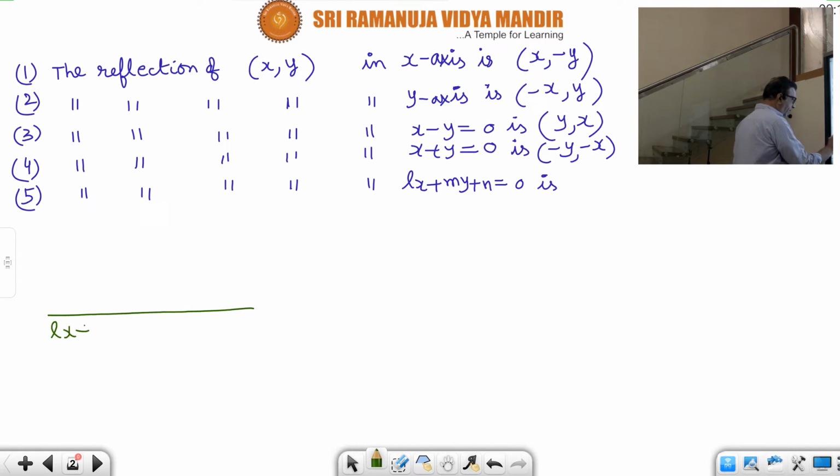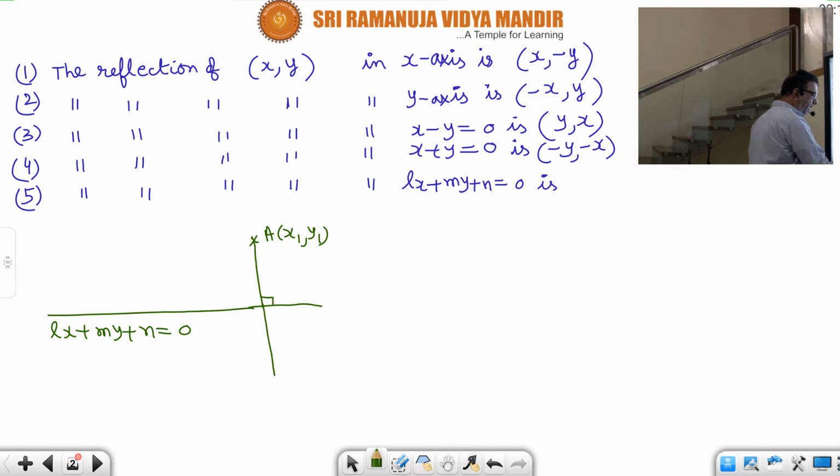Foot of the perpendicular and reflection, I think you can remember the formula. Lx plus My plus n equal to 0. Suppose this point is A, x1 comma y1. Its reflection, not the foot of the perpendicular, is h comma k. Then can anybody tell the formula?